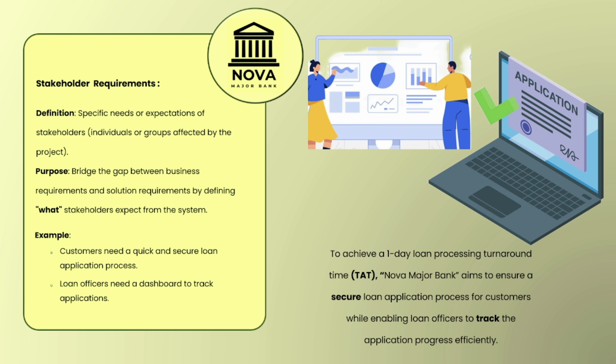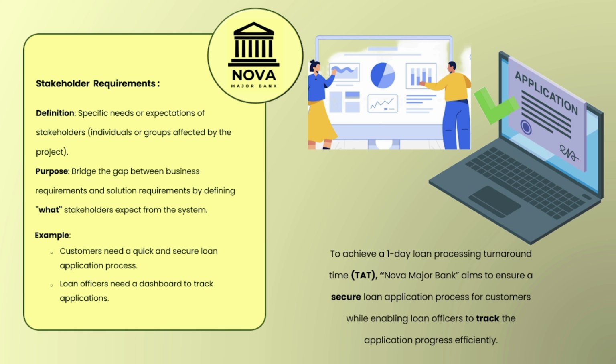So to achieve 1-day loan processing turnaround time, Noah Major Bank aims to ensure a secure loan application process for customers while enabling loan officers to track the application progress efficiently. So this is showing us a path. This means that the stakeholder defines the steps needed to reduce TAT, but how to implement is not decided yet.